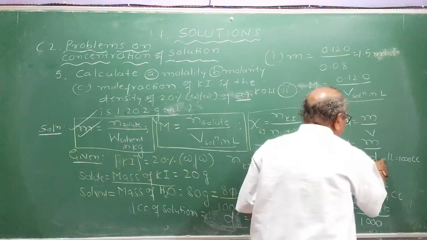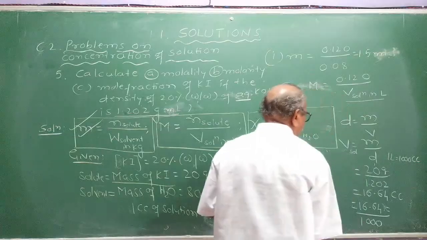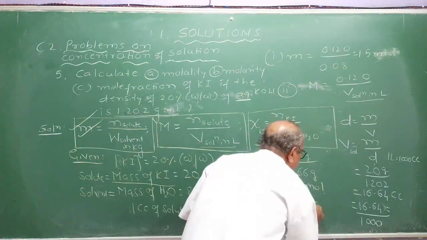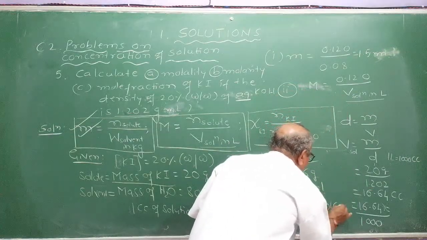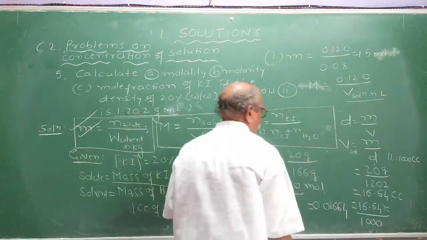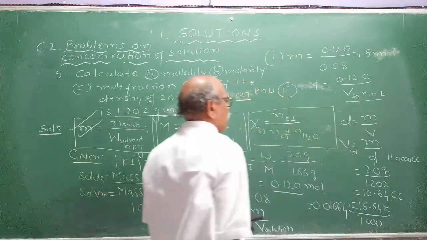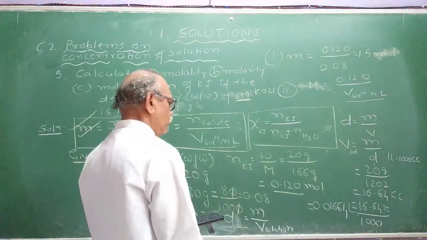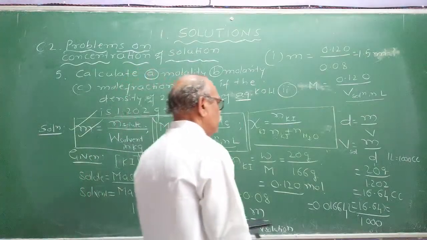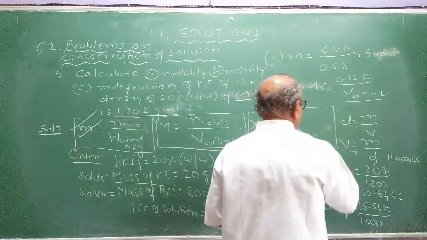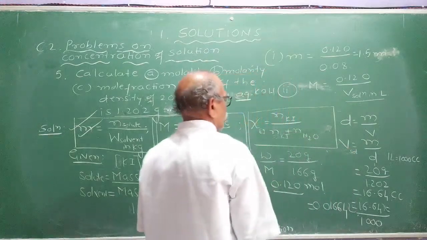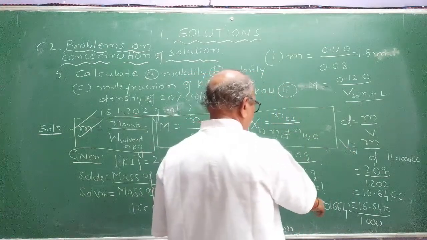Therefore, to convert it into liter, the conversion factor is divide by 1000, and you will get 0.01664 liter. So the volume of the solution you got is 0.01664.